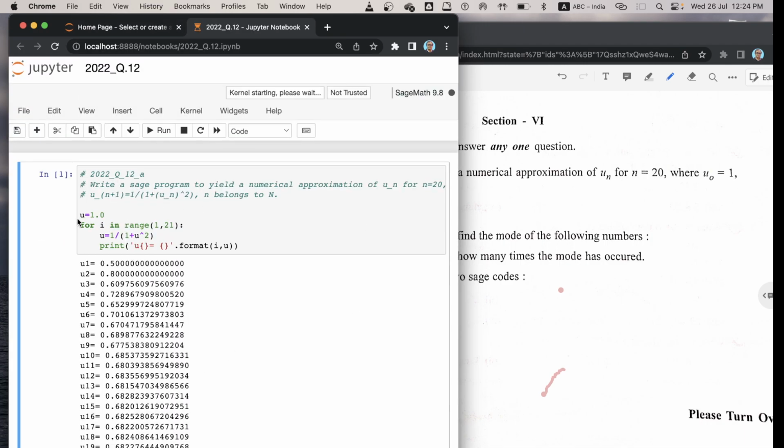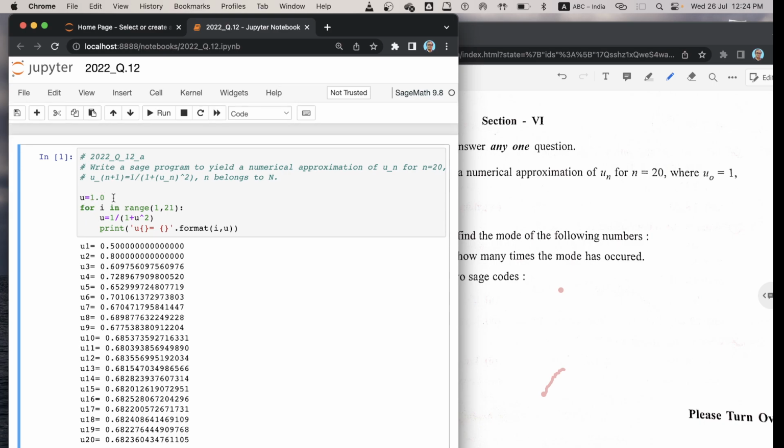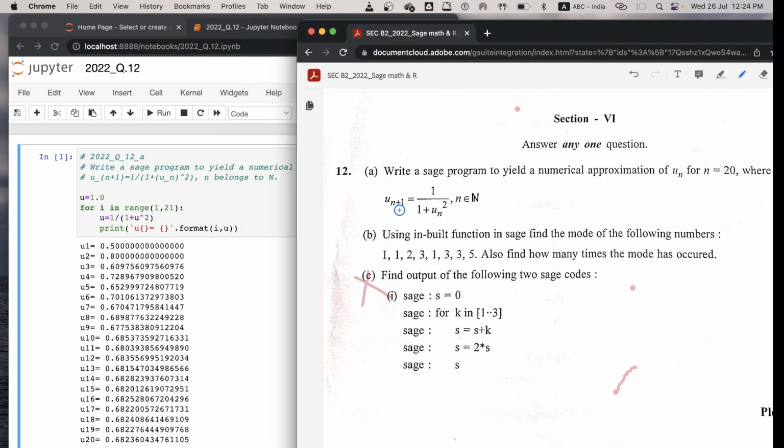Here given u equal to 1.0. And for i in range(1, 21), because here n goes up to 20, so the final value of i is 20 and increment is 1, u equal to 1 plus 1 by u square, where u is u_n.